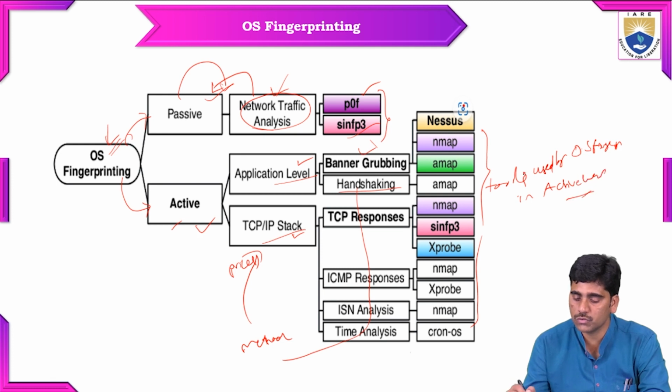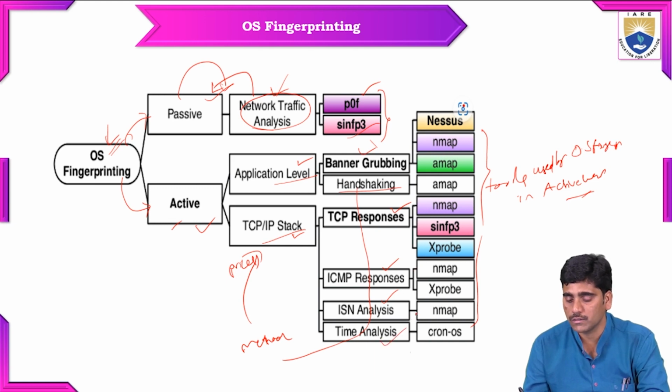Before the tools, active processes involve TCP responses as one method, ICMP responses as one method, ISN (initial sequence number) analysis as one method, and time analysis as another. All these techniques are implemented with the tools.